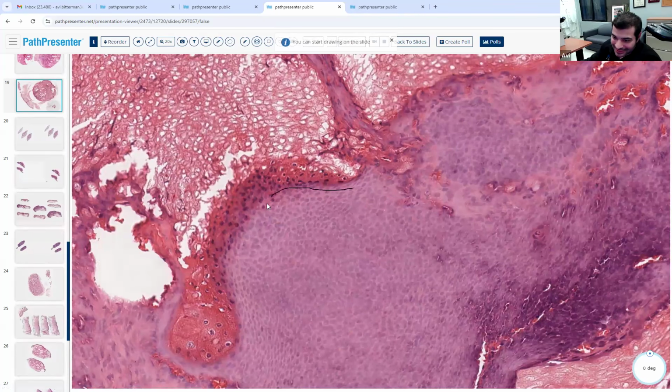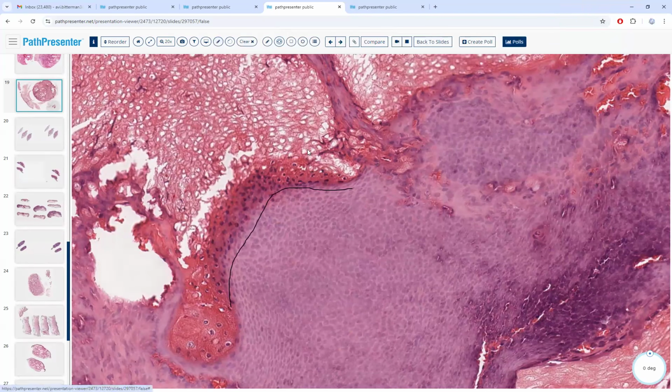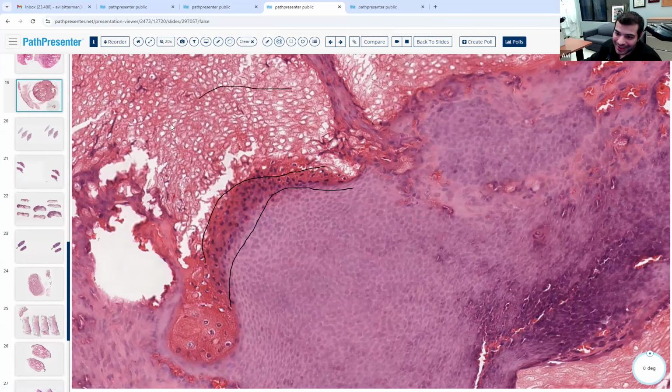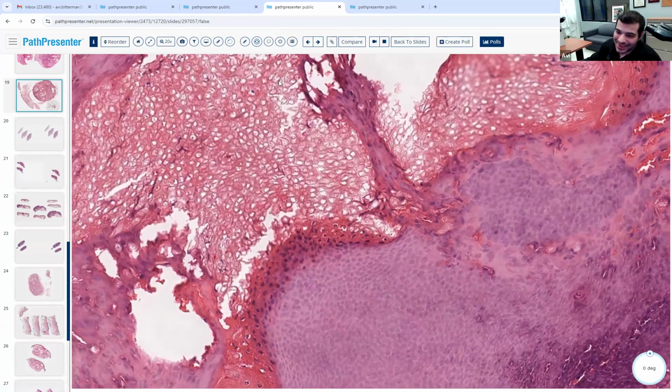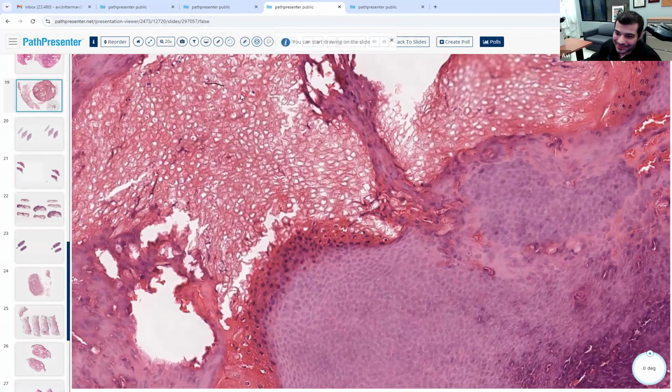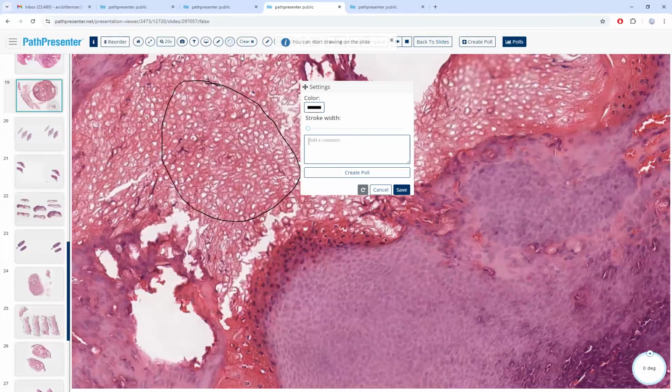This area, they're dying, and now they're dead. Right? So what do we call these cells? Those cells are your ghost cells.